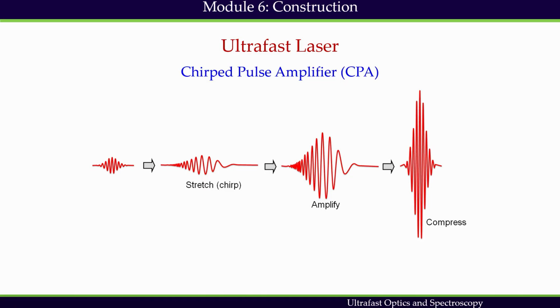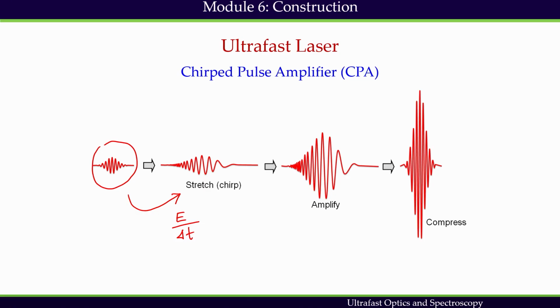Step 1, the pulse which is coming from the oscillator, which is less intense pulse, first needs to be stretched so that the peak power can be reduced, and peak power is defined by energy per pulse E divided by delta T. Delta T is the duration of the pulse, and we remind duration of the pulse is defined as a full width half max of the intensity profile.